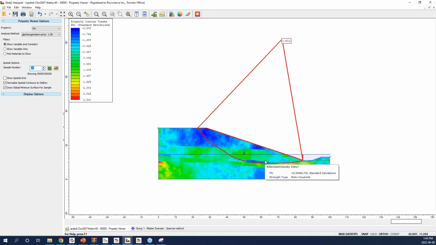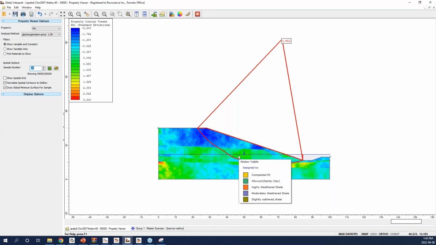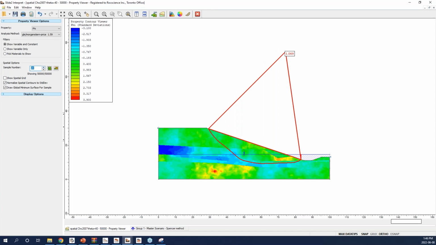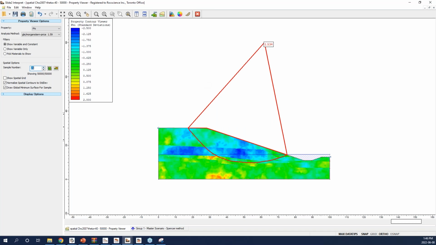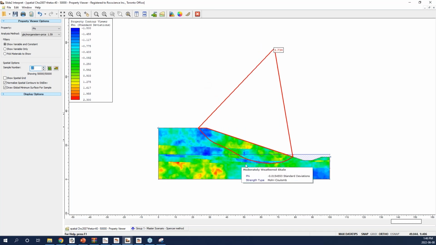First of all, this layer, most of the time it is blue because it's a weak layer. And also the failure surface is following this layer, which is a blue region, which shows the advantage of using these complicated methods. Just look at this shape of this failure surface, and you see how the software plays with these surfaces to make sure that they are going through the blue regions.